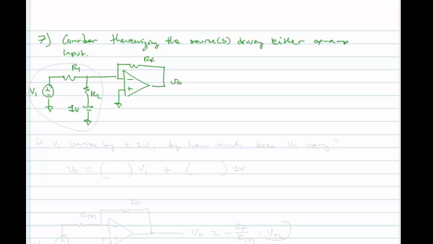Okay. The question is, what is VO? Or maybe the question is, if V1 varies by plus and minus 1 volt, by how much does VO vary?